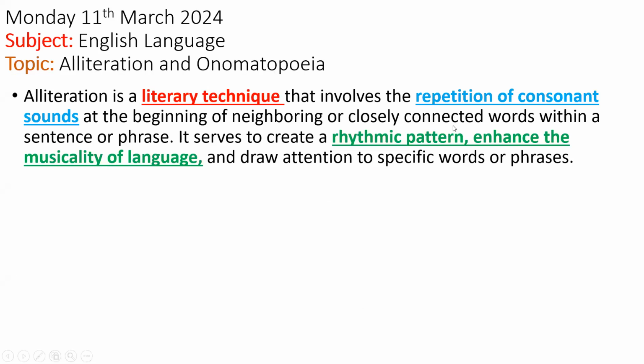So we use it to enhance the writing, to make it sound more musical, to give it rhythm, and also to draw attention to words or phrases that we may deem important.